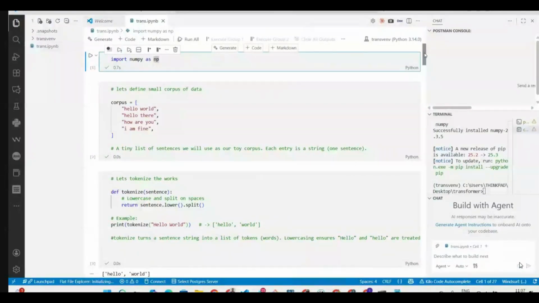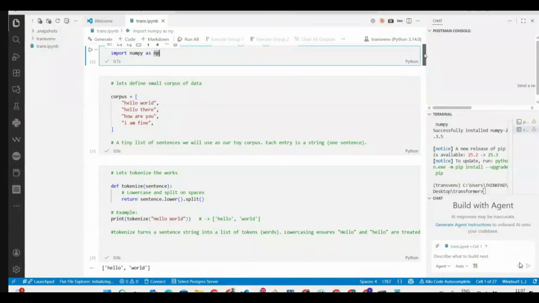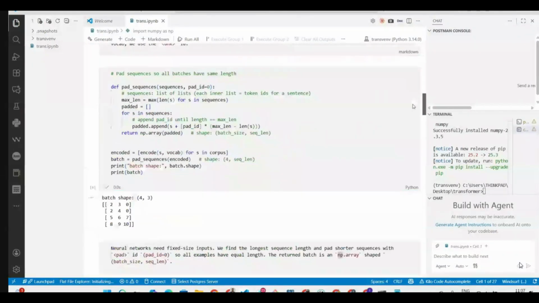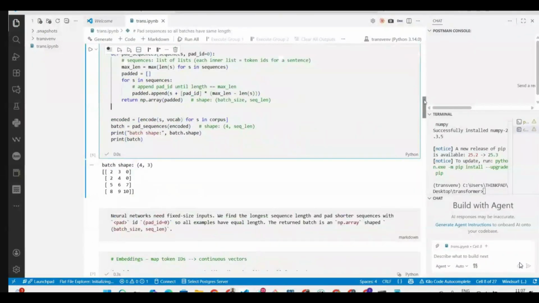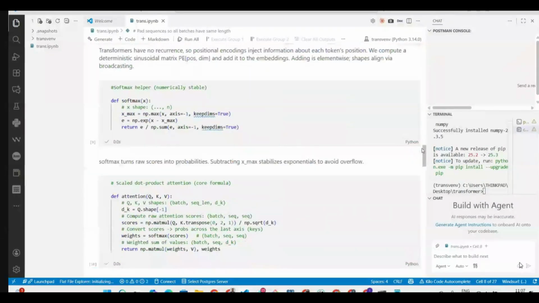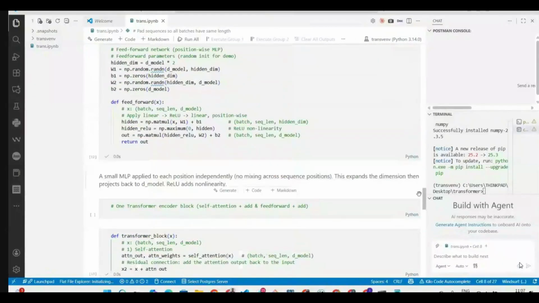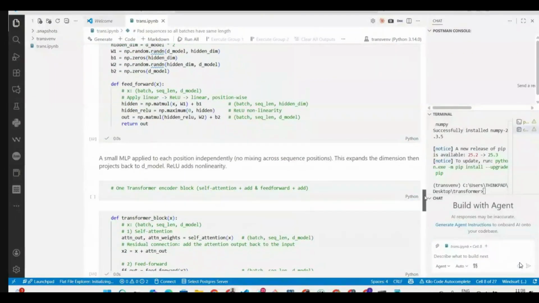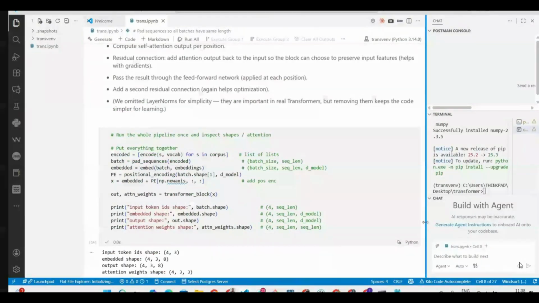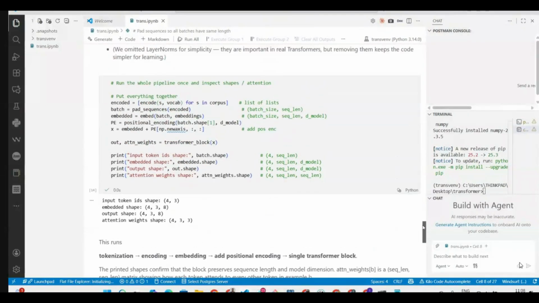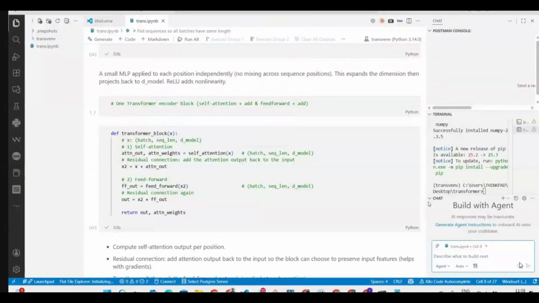So the code is not a serious code. How many blocks do I have here? But this is purely NumPy. I didn't use PyTorch for this. I just want to know how many blocks. Yeah, 14 blocks. So just 14 blocks of code, so it's nothing serious. All of this code I didn't write from my head though.